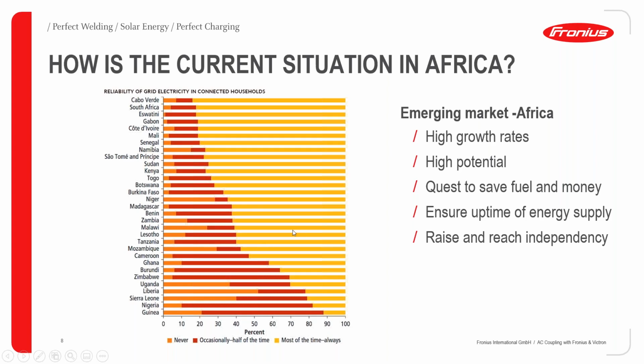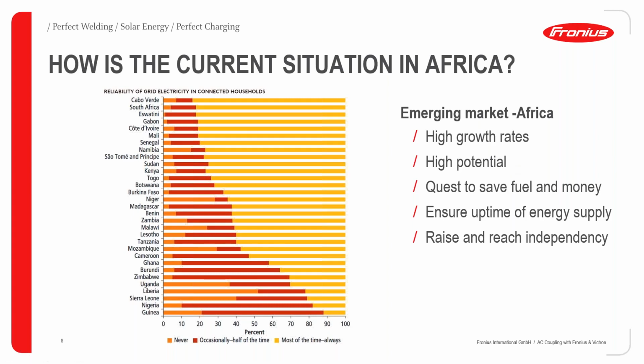But having said that, as gloomy as it may seem, it behoves us to say that Africa is actually an emerging market, looking at it from the positive point of view. There is a high growth rate and high potential with its high irradiance value.